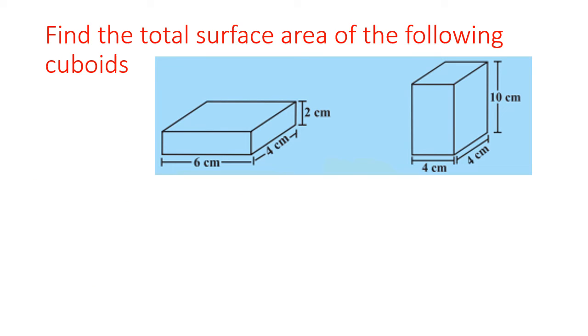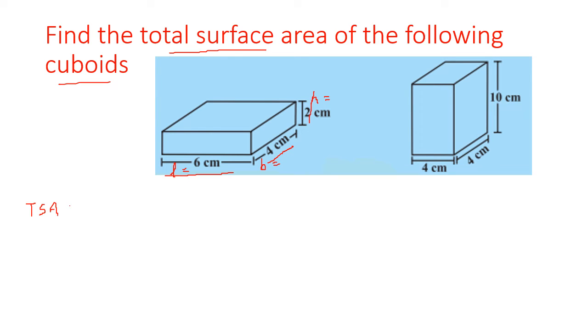Find the total surface area of the following cuboids. Now the dimensions are given, 6, 4 and 2. So we can take the way we want. It is not mentioned which is the length, which is the breadth, which is the height. So we shall take L equal to 6, B equal to 4 and H equal to 2. So what is the TSA of the cuboid 1?